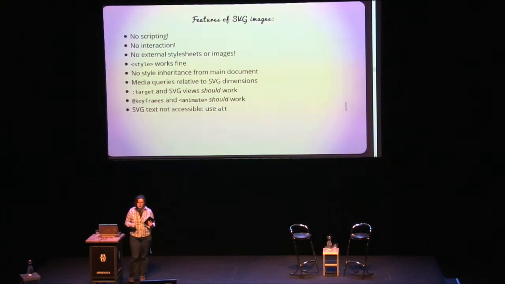Another very important thing about when you use SVG as an image, all the text in that SVG document is not accessible. It's a separate document, it's not text that you can select, it's not text that you'll find when you do a Control F search, and it's not accessible to screen readers. You need to give your image tag an alt attribute the same as you would any other image tag.